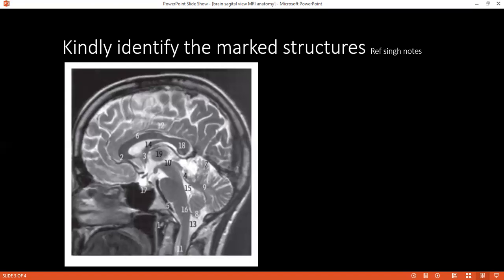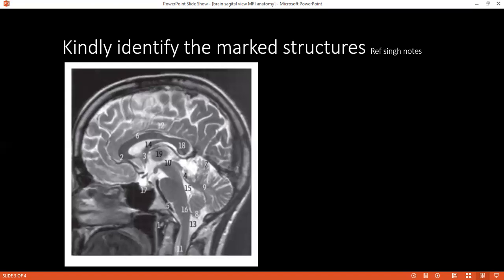Would you be able to identify all the structures? What is 6, please? The body of corpus callosum. Yes, very good. 18 is the rostrum of corpus callosum.